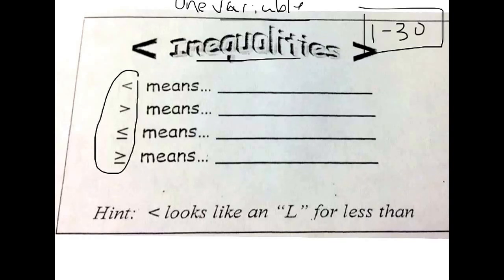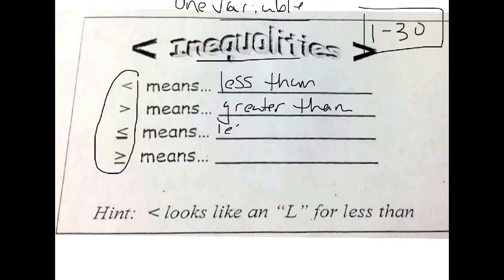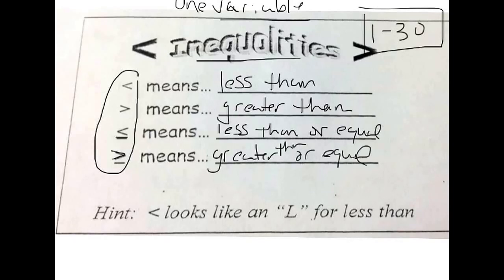This first one here is our less than symbol. This is our greater than symbol. When you put the line underneath it, it means it's less than or equal, and this one would be greater than or equal.